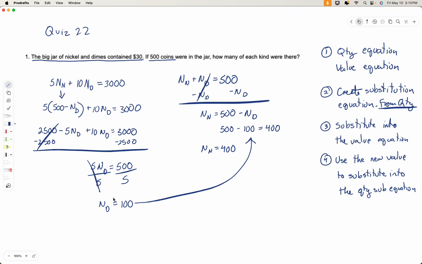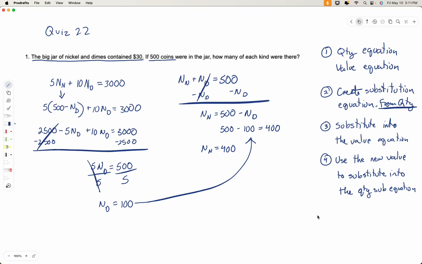So we used the new value that we found for the number of dimes to substitute into the quantity sub equation. This is the equation that we used to sub in the quantity into the value statement so that we could find the other one. All right, and that should give you both values.